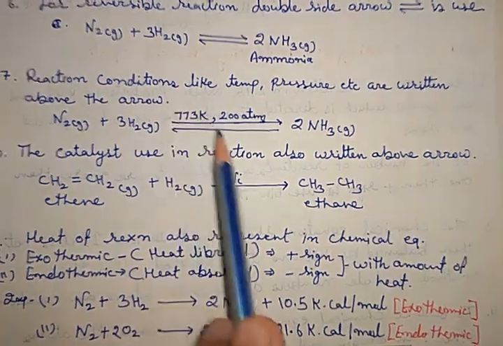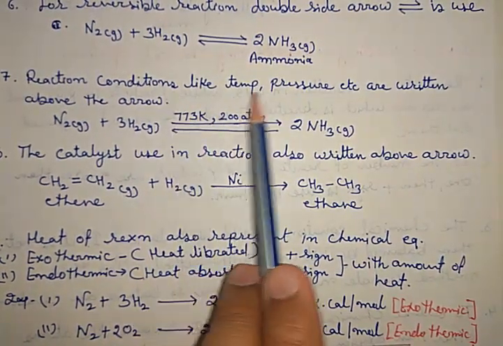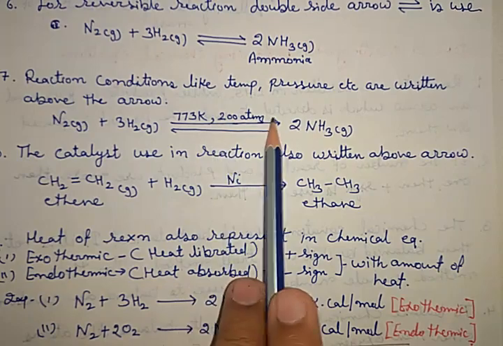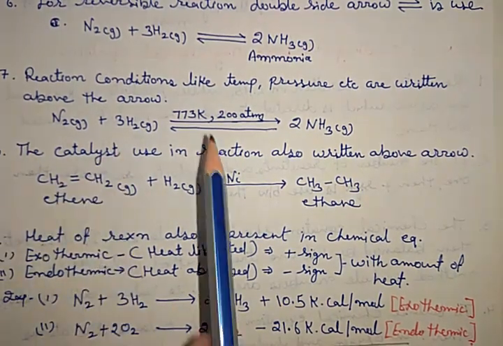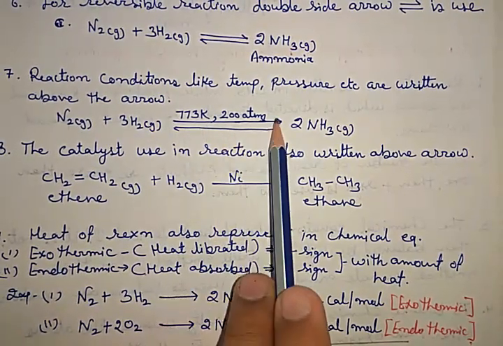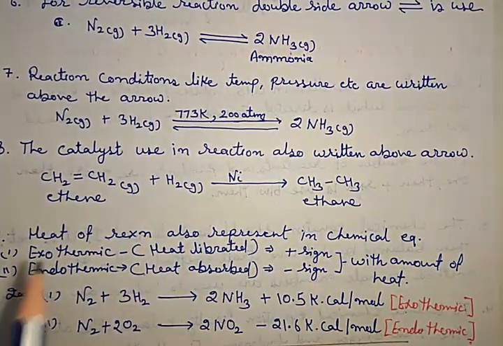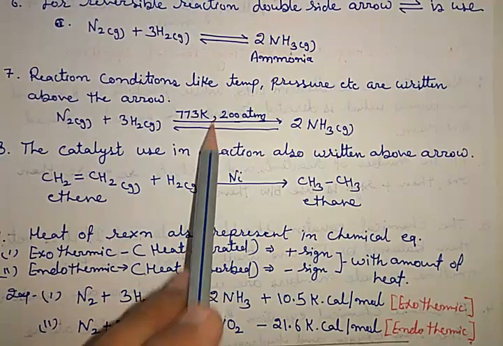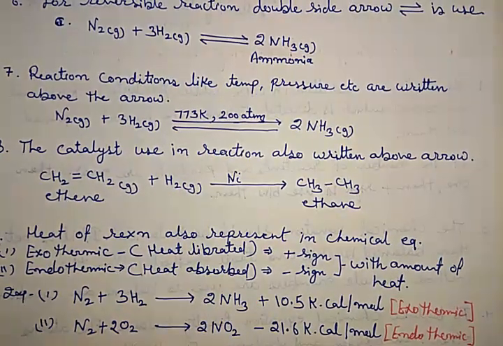To represent them, they are written above or below the arrow. It depends on how many there are. If there are only one or two conditions, then they are above the arrow. But if there are three or more, then above and below both sides can be used.